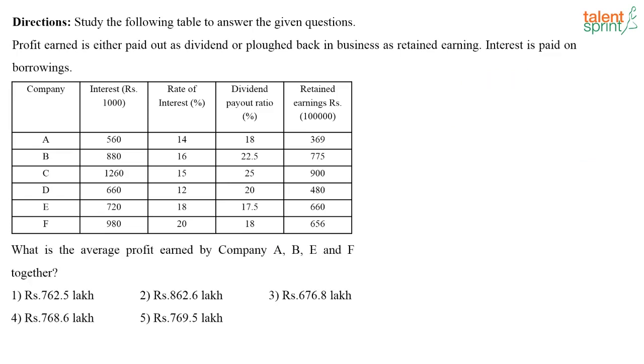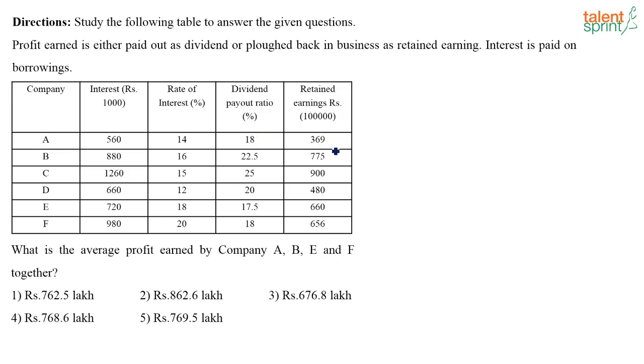Next one. What is asked here? What is the average profit earned by company A, B, E and F together? Here again, how will you calculate the profit of company A? If you look at company A, 18% is paid out as dividend.